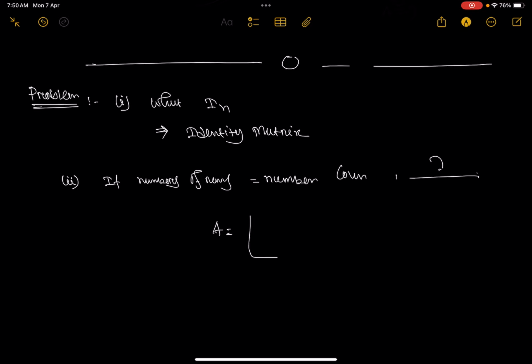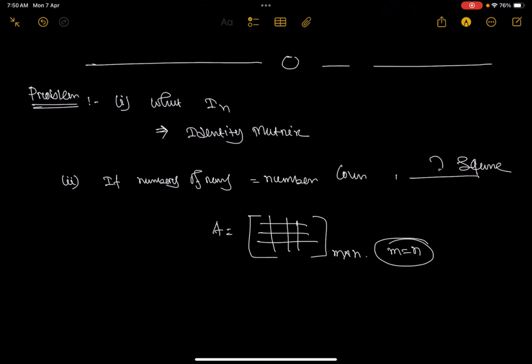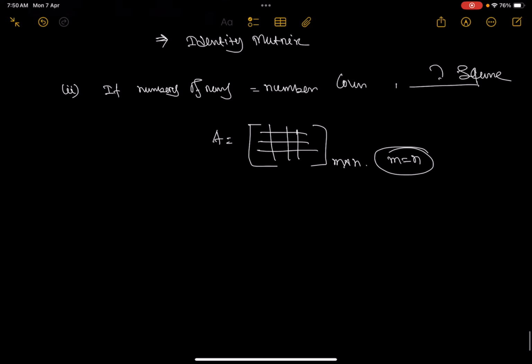A matrix is given where the number of rows and number of columns are the same. So this is an m cross n matrix, with m equal to n. What type of matrix? This is a square matrix.